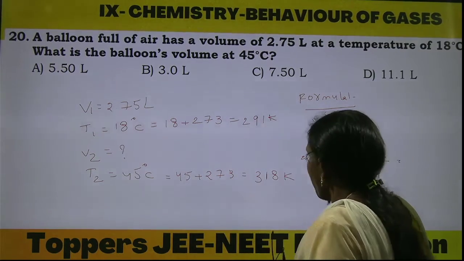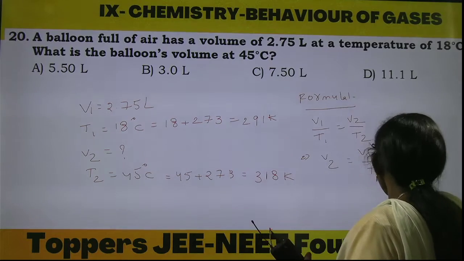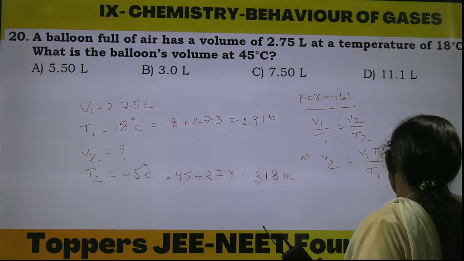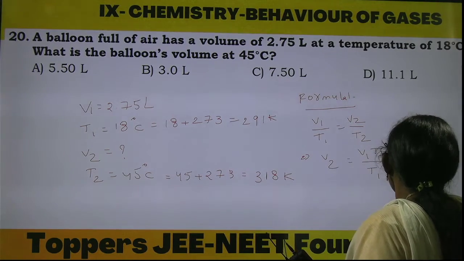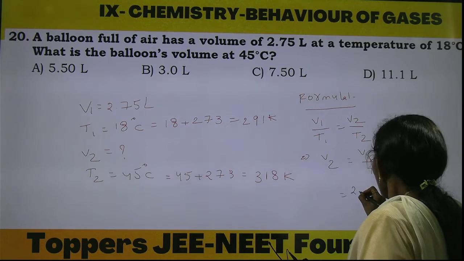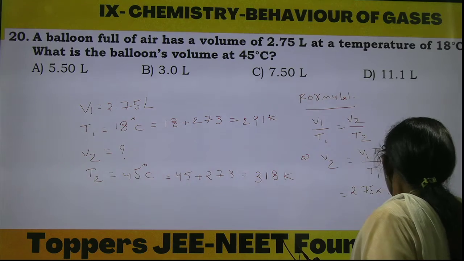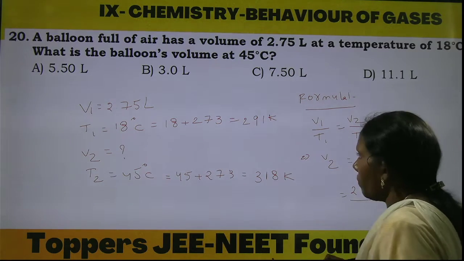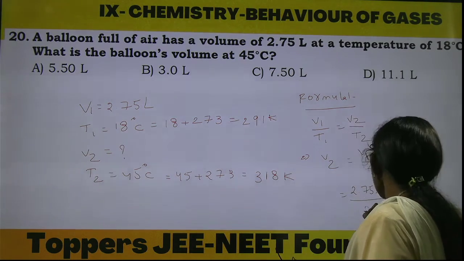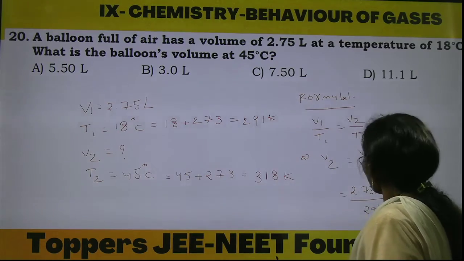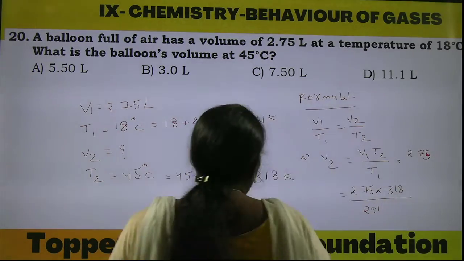Just substitute the given values in this formula. V1 is 2.75 liters, I'll write here 2.75 liters into T2 which is 318 Kelvin, by T1 which is 291 Kelvin. By calculating this we can get the answer.